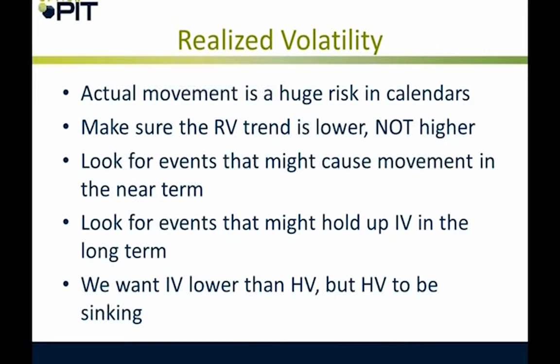Things that could raise implied volatility. All right, so in a second, we're going to look at bond vol. I'm going to talk a little bit about that, and we'll go from there. So you want IV lower than HV, but HV to be sinking. All right, and if you can't get an implied volatility lower than historical volatility, you at least want low and sinking or stable movement exposure.